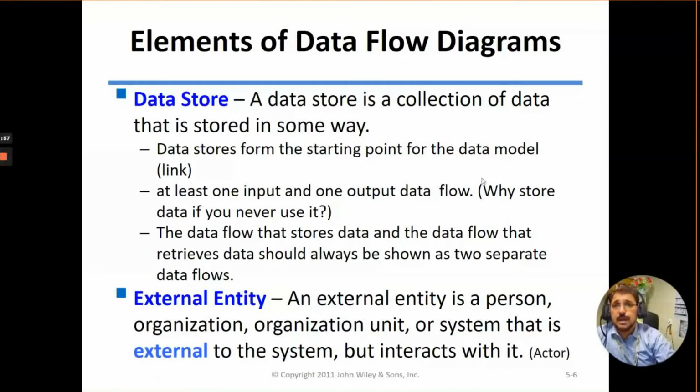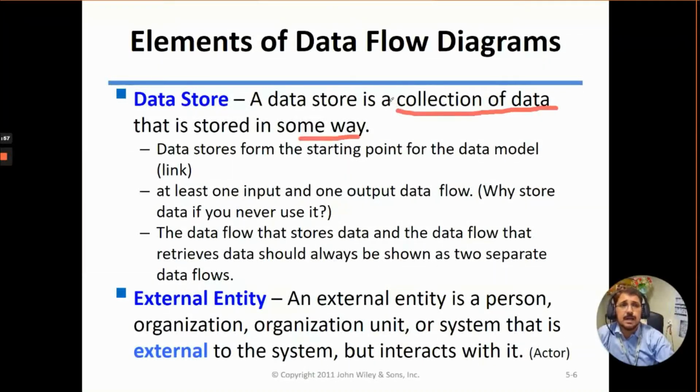Okay, next component. These are the different components of a data flow diagram. One is process, another is data flow, third one is data store. What is a data store? It is a collection of data stored in some way.